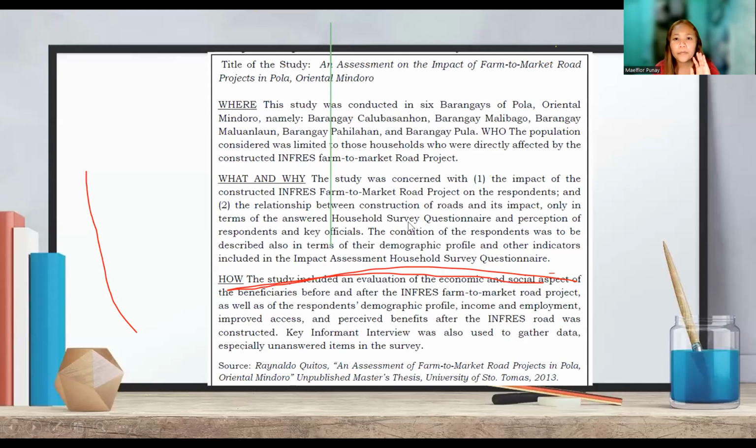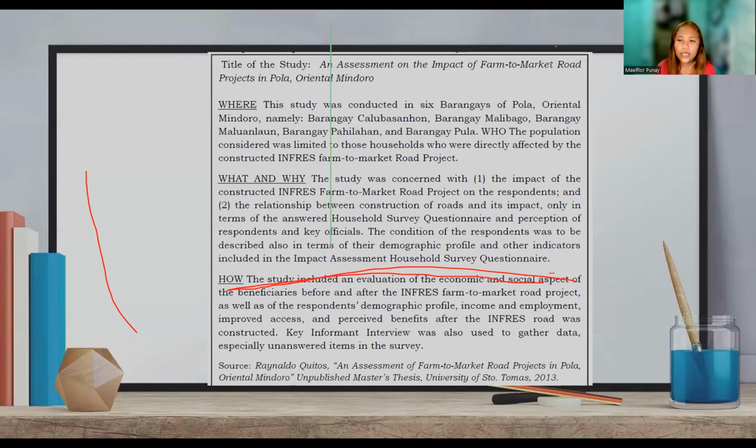So meaning ang sanay pangan ani ha, ang respondents nga na directly affected sa farm to market road project from the construction of the road until nga nahuman siya. So meaning naa siya time frame from the construction nga kanus-a gibuhat ang farm to market road project until kanus-a nahuman ang kondisyon sa interest nga road project. So naa siya time frame.